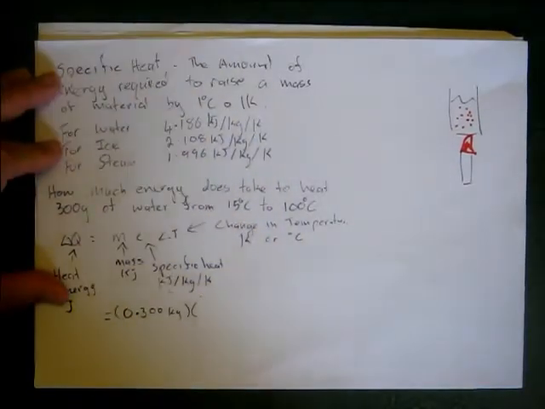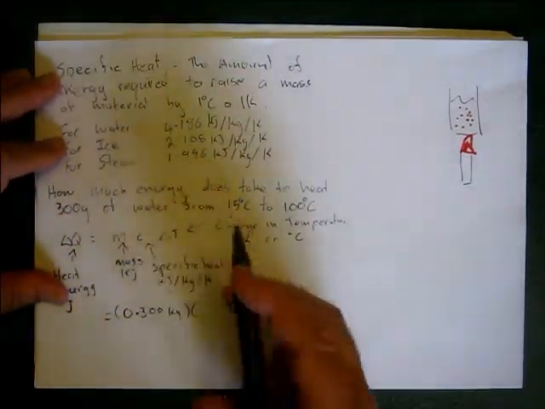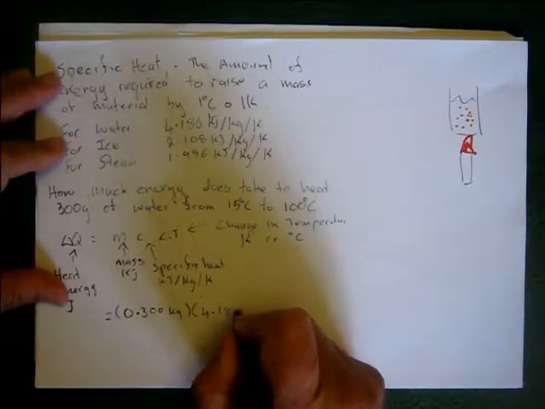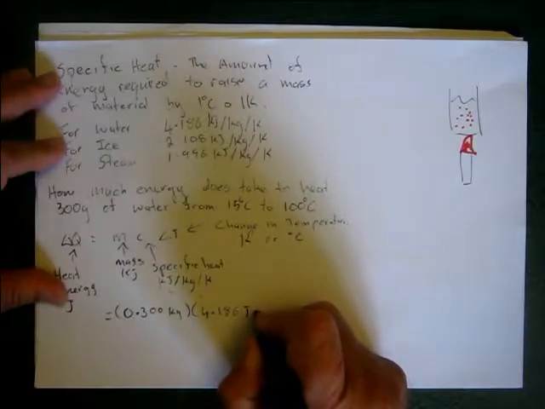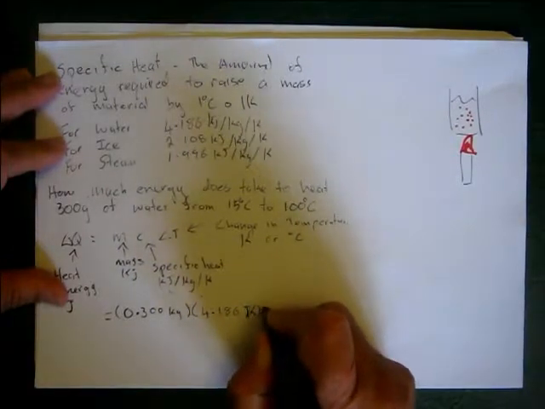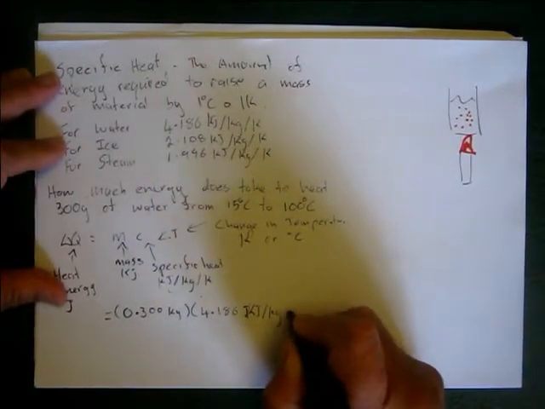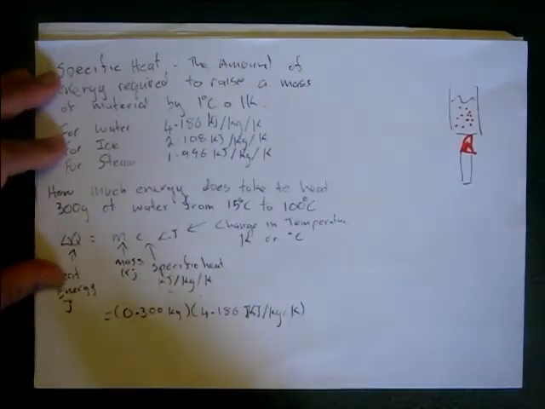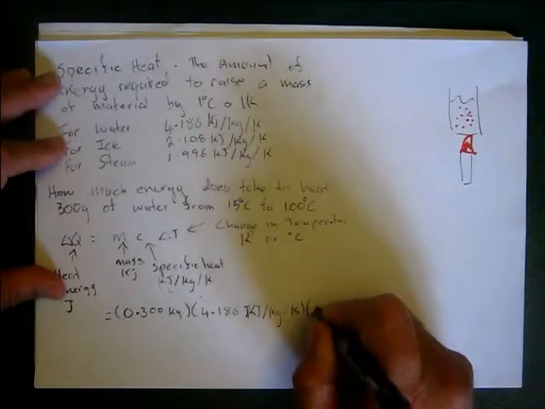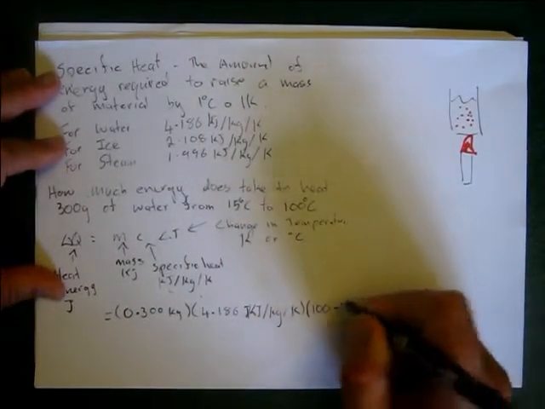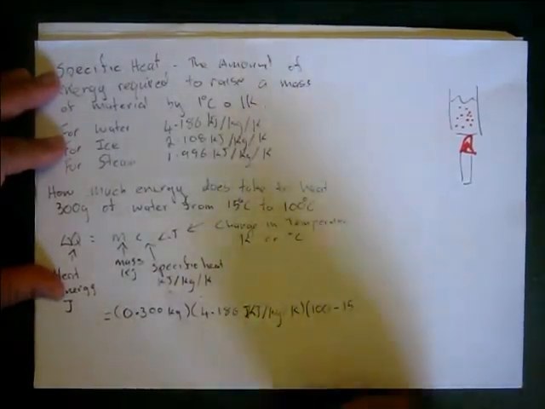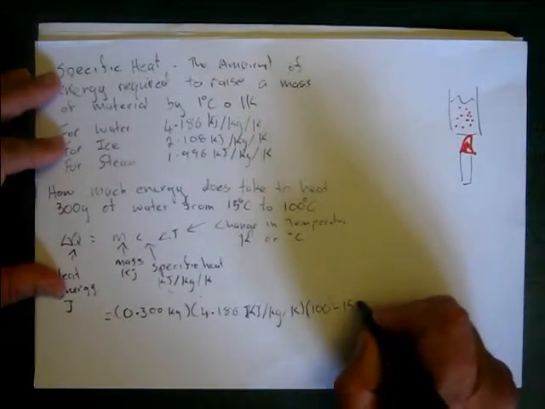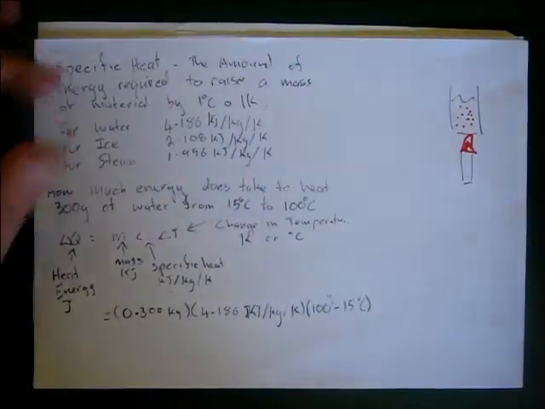The specific heat is up here, 4.186 kilojoules per kg per Kelvin. And the change in temperature, well, it's going to be 100 minus 15 degrees C. So it's going to change 85 degrees.